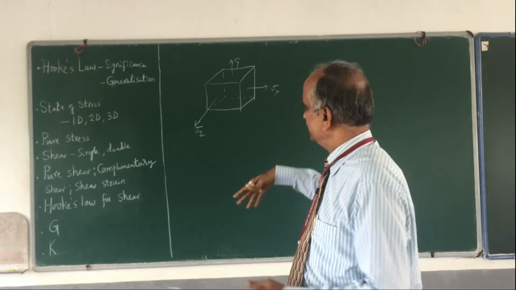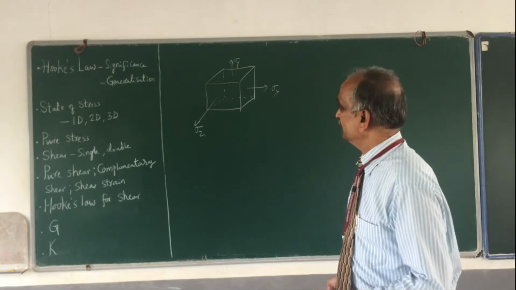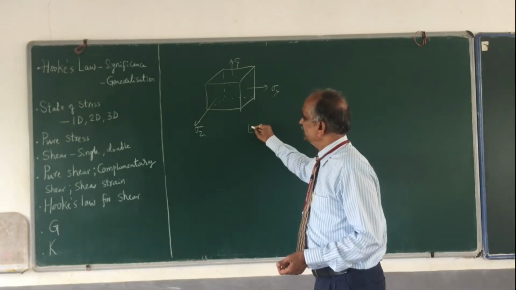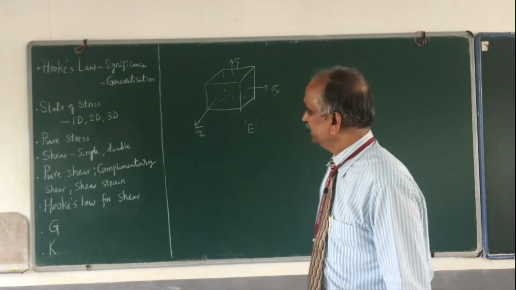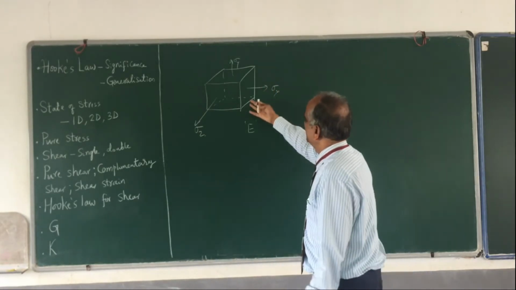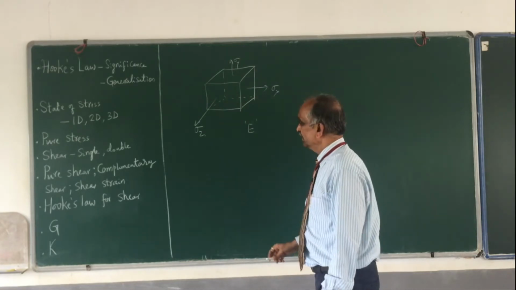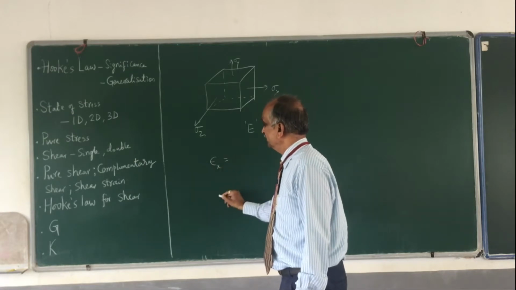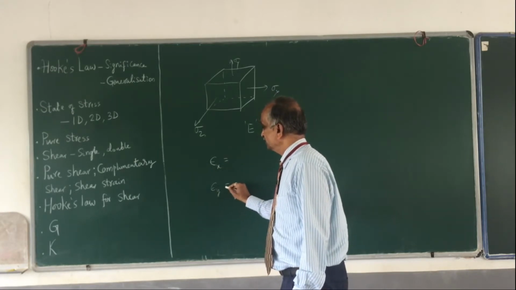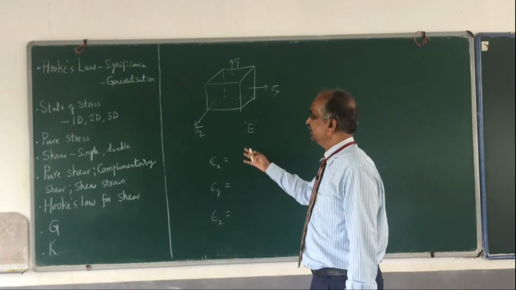Please remember that on exactly opposite faces you have equal stresses. If the body is made of a material whose Young's modulus of elasticity is E, then we have strains in the x direction, y direction and z direction. So what is the strain in the x direction?